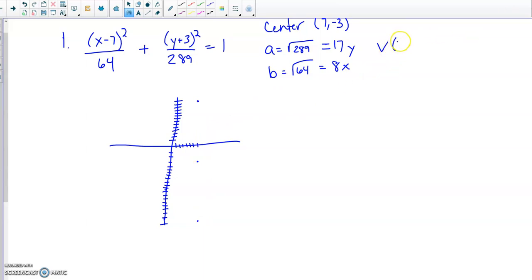It's going to be 7, and let me count, 14. And 7 and, counting down, 20. So we know that's going to be -20.